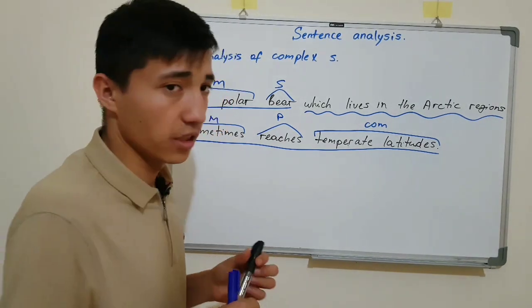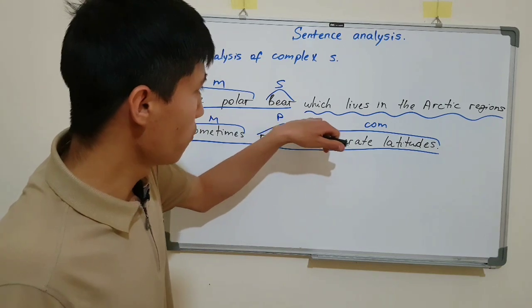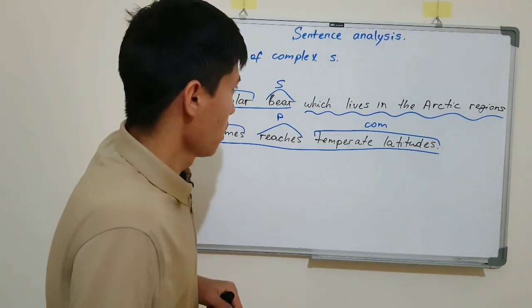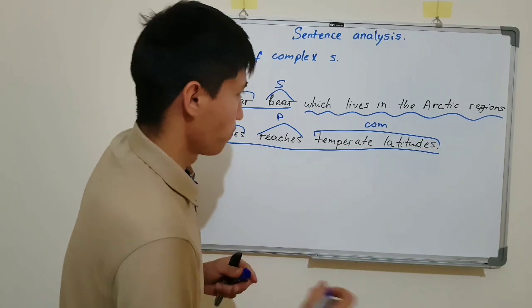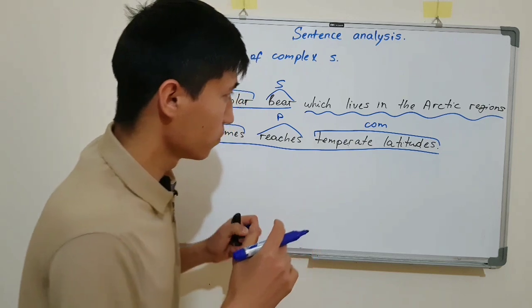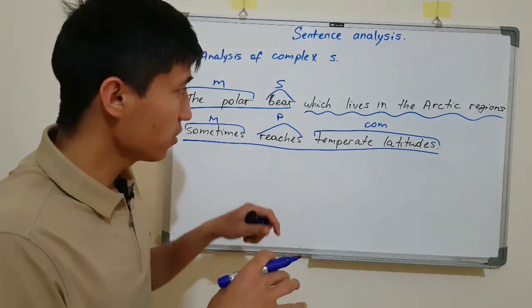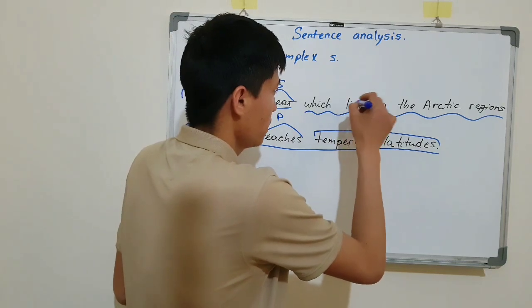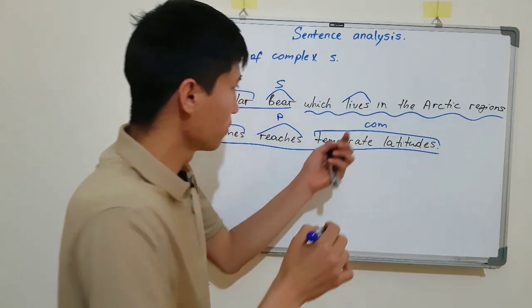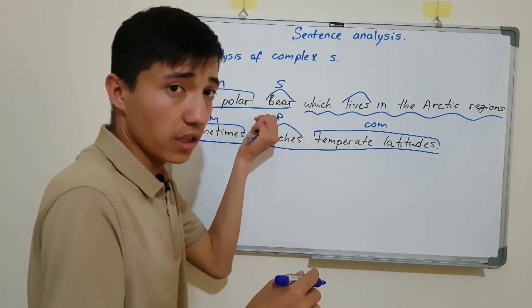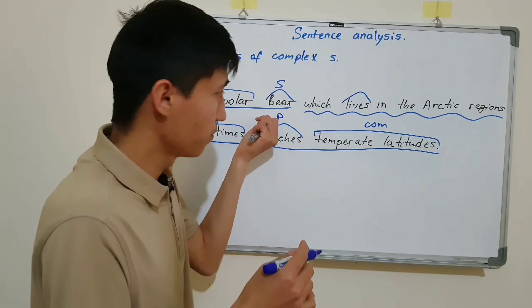The strange thing is here, which lives in the Arctic regions, the subordinate part. The subordinate part is also analyzed this way. Lives is a predicate, and the subject of this predicate is what? The noun bear.